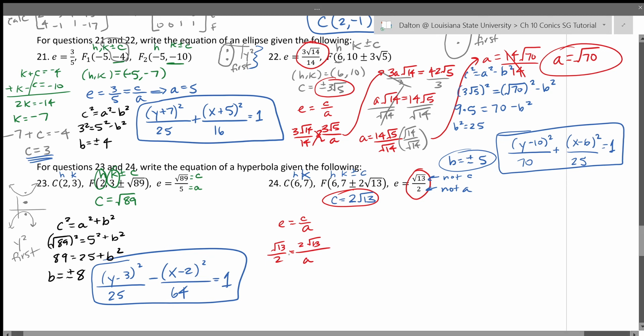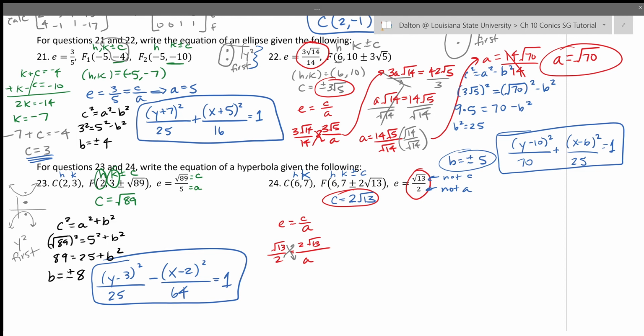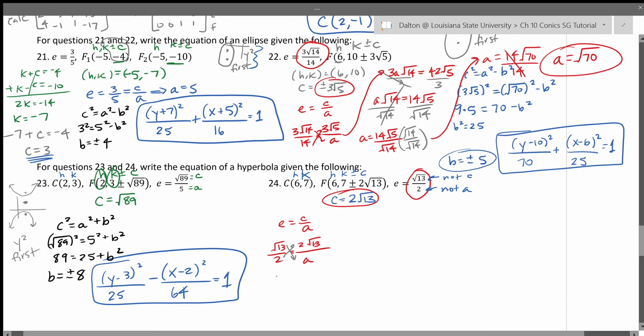So if I cross multiply, I get a square roots of 13 equals 2 times 2, which is 4 square roots of 13. In order for these two to equal each other, that must imply that a must equal 4.